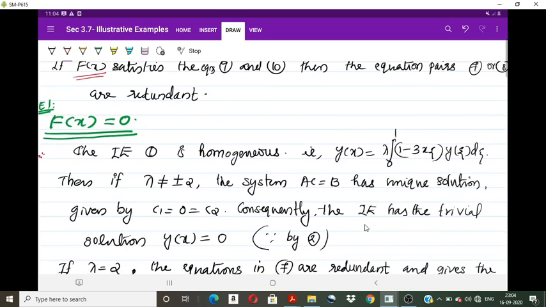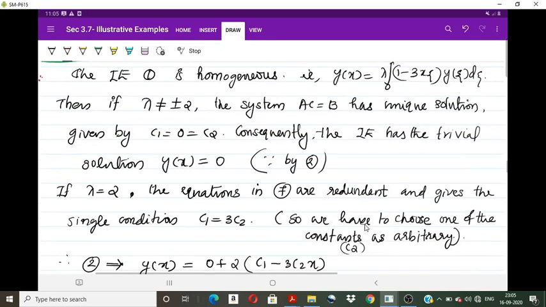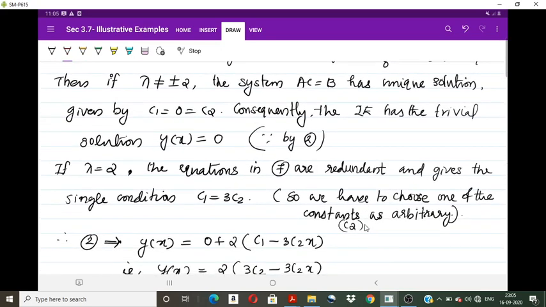Now if lambda is equal to 2 in the homogeneous case, then the right side is also 0. Then we have the case minus C1 plus 3C2 equal to 0, or C1 equal to 3C2 in equation number 7.